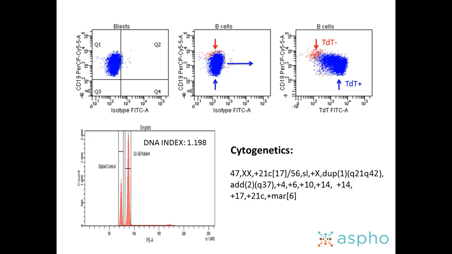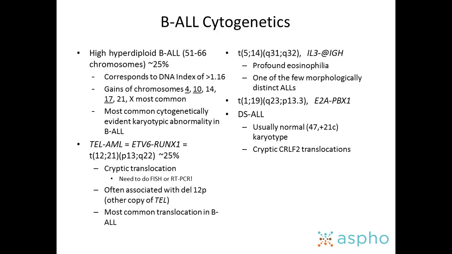That was confirmed by the cytogenetics, showing the constitutional chromosome 21. In addition, this patient had a high hyperdiploid karyotype that included the so-called triple trisomies of +4, +10, and +17. So let's talk a little bit about B-cell cytogenetics.